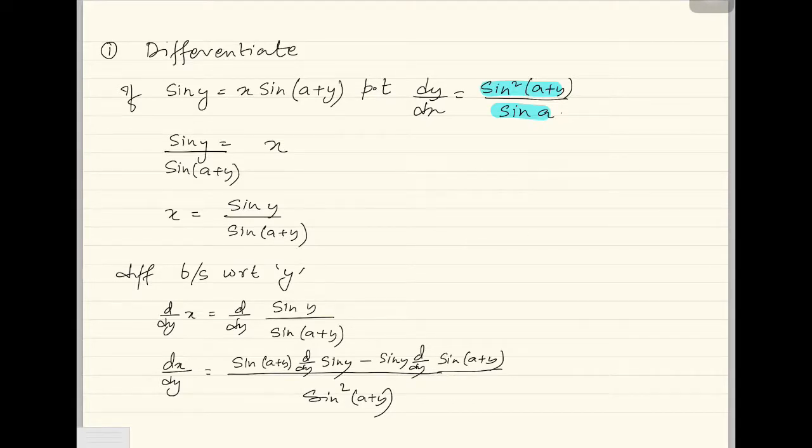Now let me rub this part here. That gives me dx/dy equals, what is d/dy of sin y? d/dy of sin y is cos y, isn't it, everyone? So it will be sin(a + y), and d/dy of sin y is cos y. Correct? Minus, because I am differentiating with respect to y, so no chain rule.